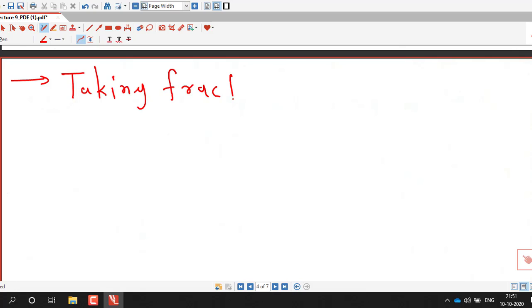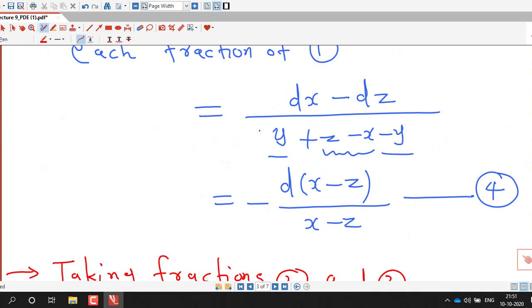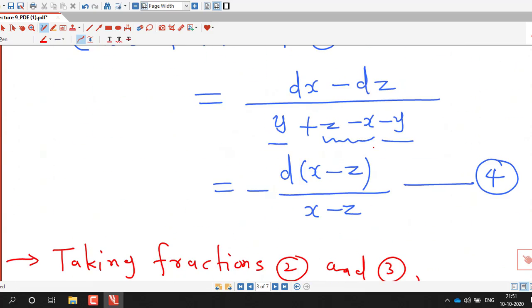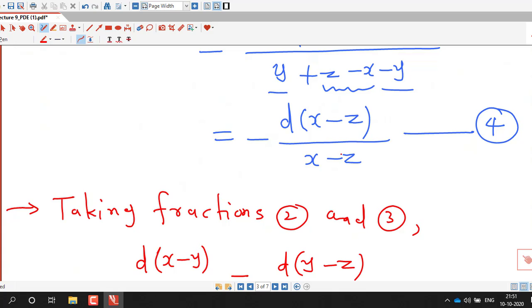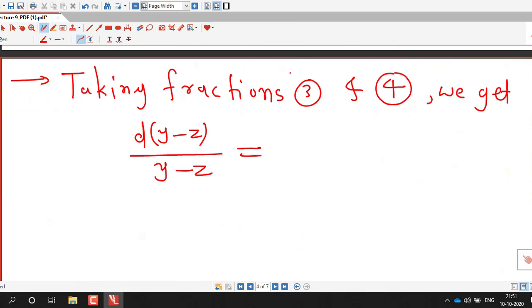Taking fractions 3 and 4, we get, in fraction 3 we have d of y minus z divided by y minus z, and the negative sign will cancel out, and here d of x minus z divided by x minus z, the negative sign will cancel out. So d of x minus z divided by x minus z.